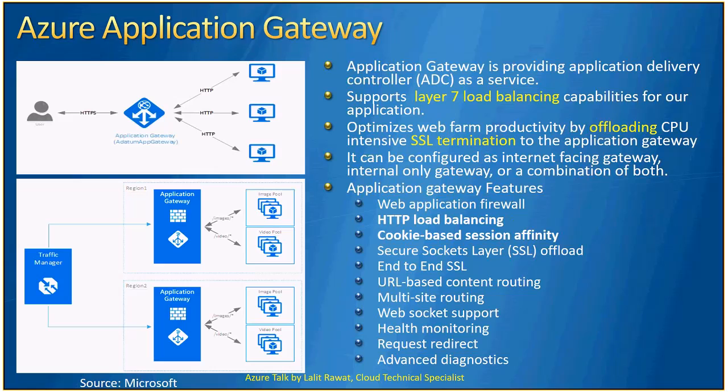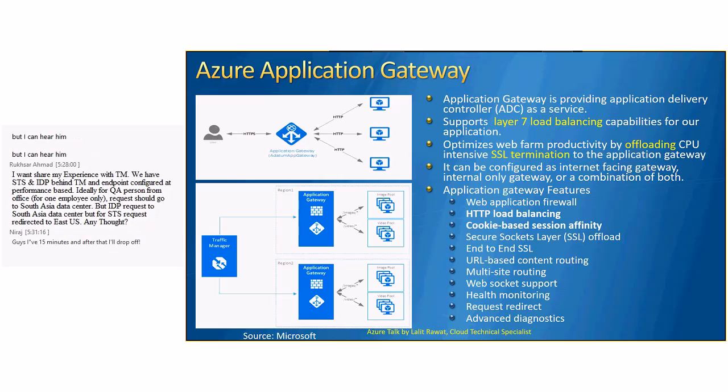So Azure Application Gateway is this kind of load balancer. You can say it's a 7-layer protection layer provided for your applications and your VMs, the web apps, the production apps.